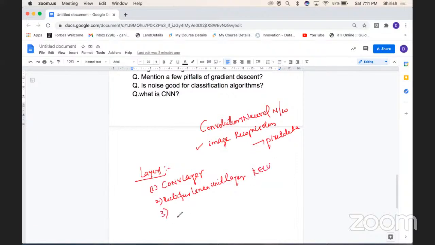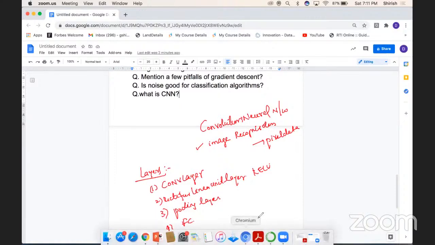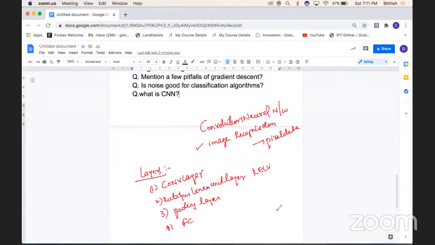And finally, you have pooling layer. There is also a fully connected layer here at the end prior to your output layer in order to equip the net with the ability to classify your data.